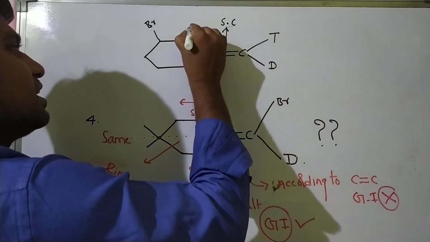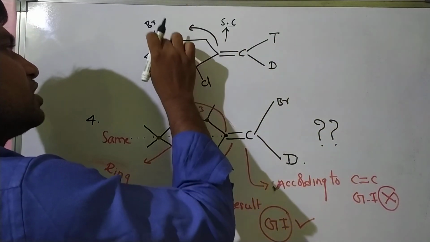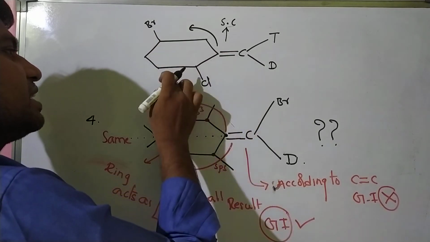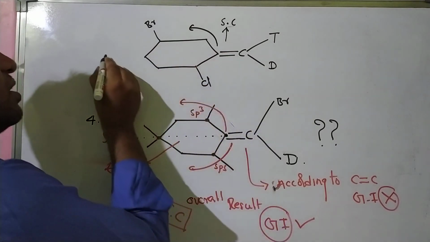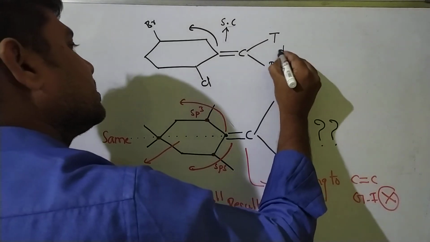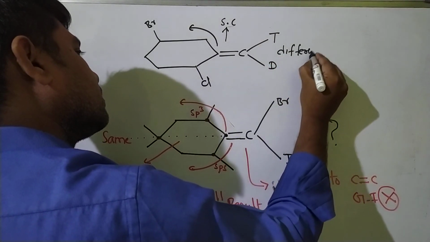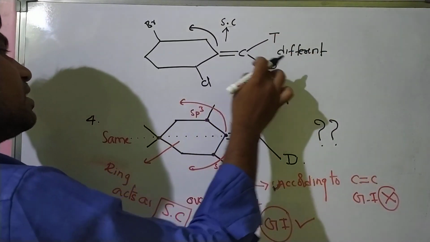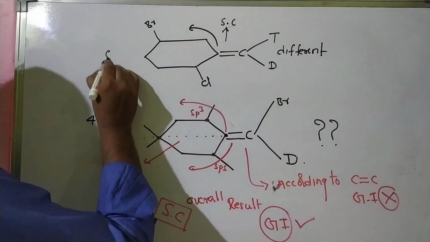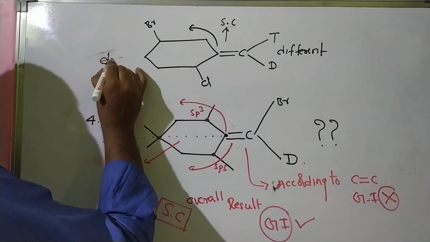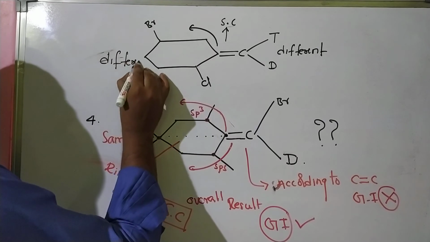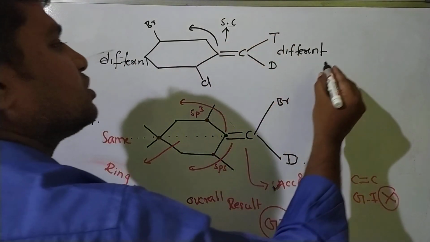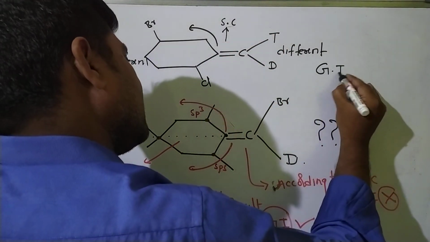Now in this direction CH2, CHBr, CH2; in this direction CHCl, which is different. So on this side the groups are different, and on this side also the groups are different. So the overall result is that it shows geometrical isomerism.